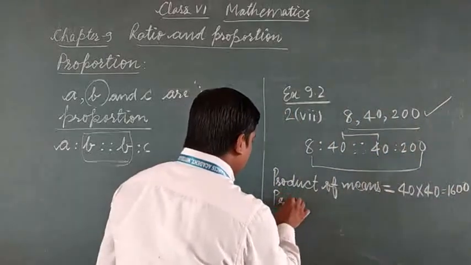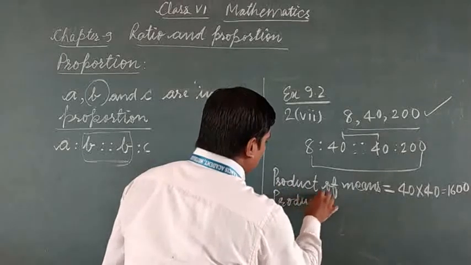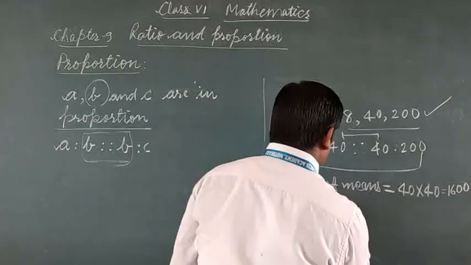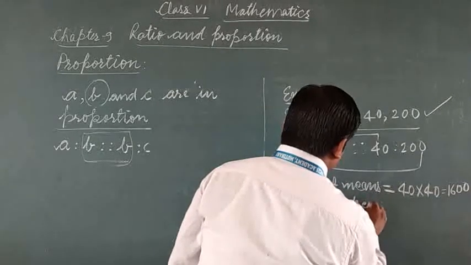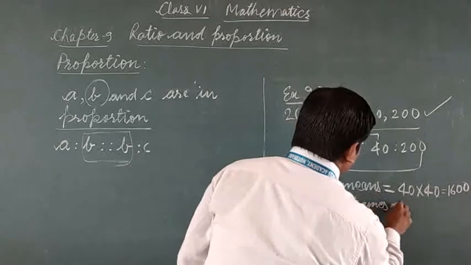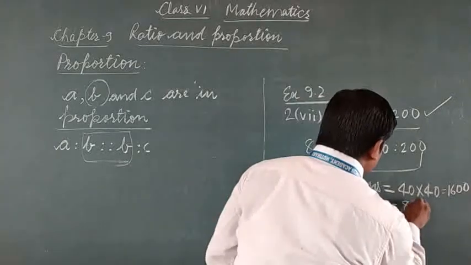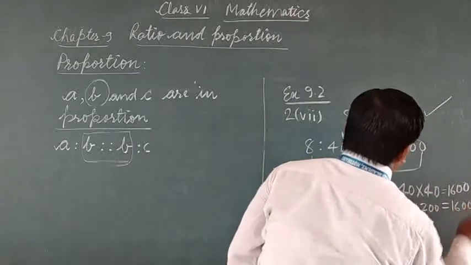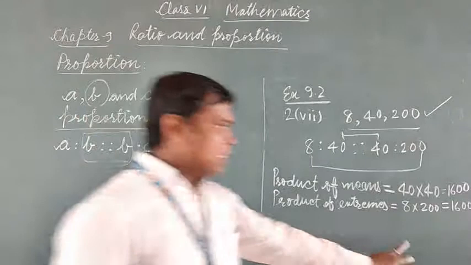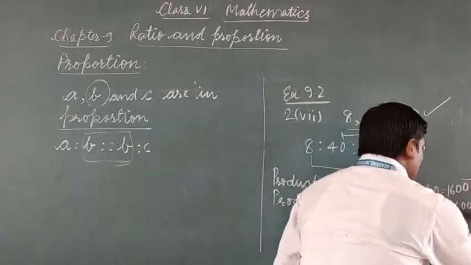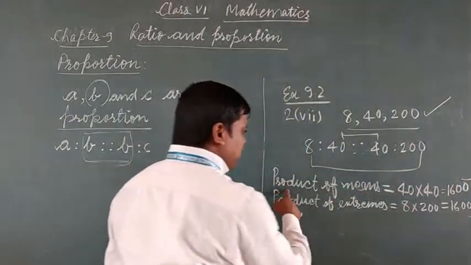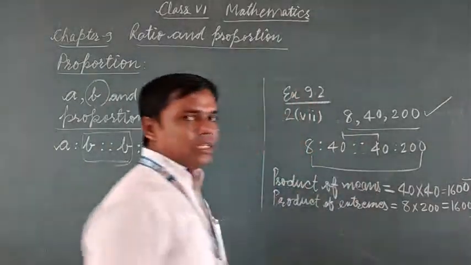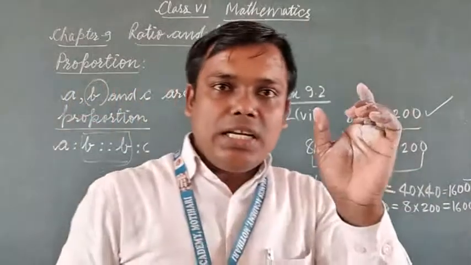And the product of extremes is equal to 8 into 200, which is 1600. What are you observing? The two products are equal. Means here the product of means is equal to the product of extremes. Therefore the given set of numbers are in proportion.